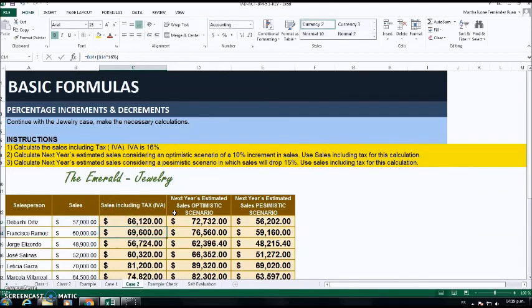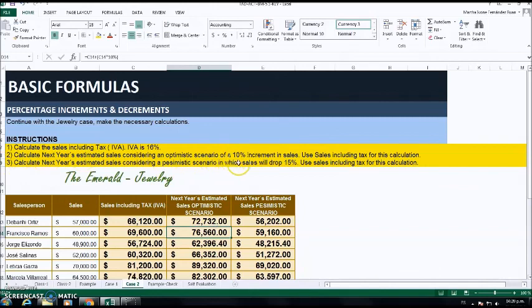They're asking us to calculate an optimistic and a pessimistic scenario. So for the optimistic scenario, we should consider a 10% increment in the sales. Then the formula is the original amount plus the increment, which is just the sales times the 10% of increment.